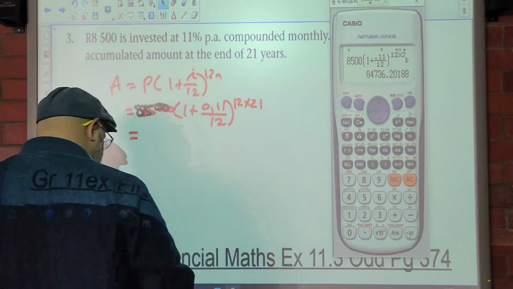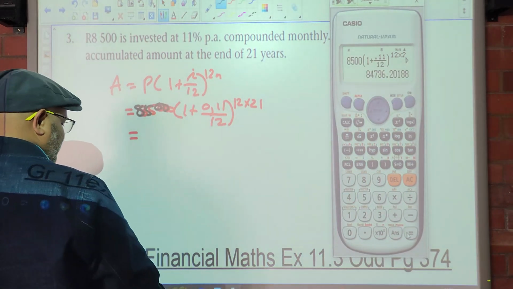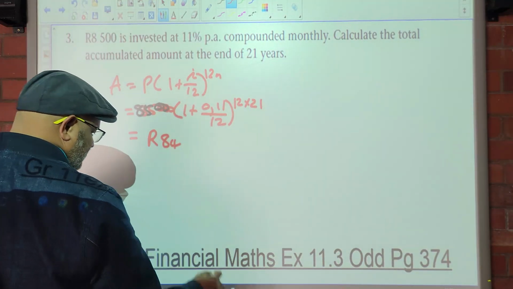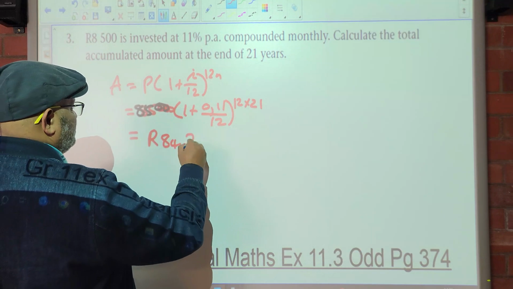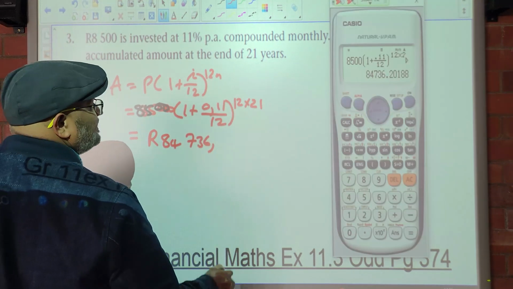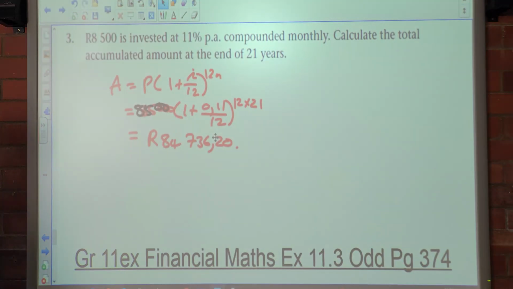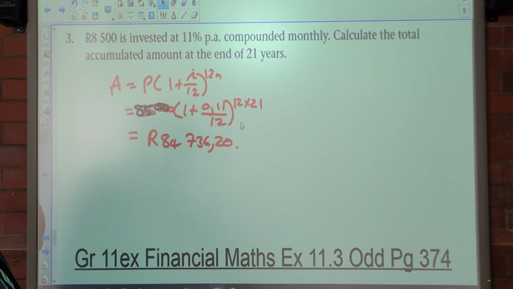That's 84,736 rand and 20 cents. Almost 10 times its value. Okay, there's better things you can do with your money. Now you can give it to me. I can make good use of it.